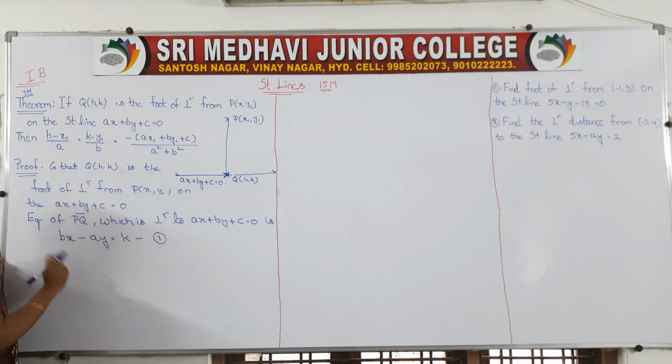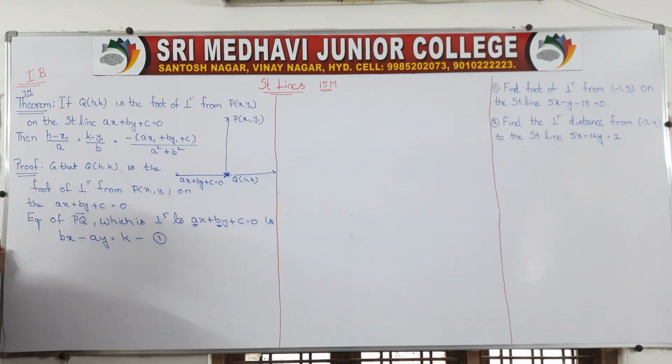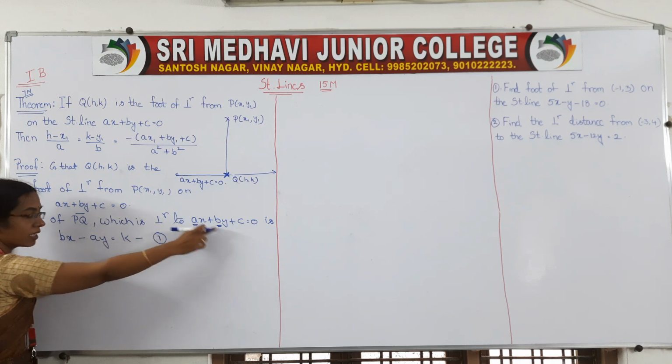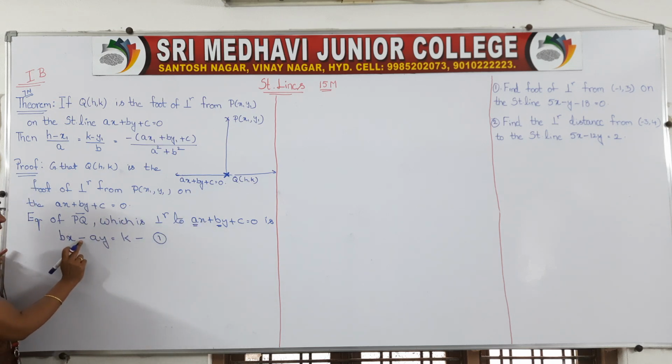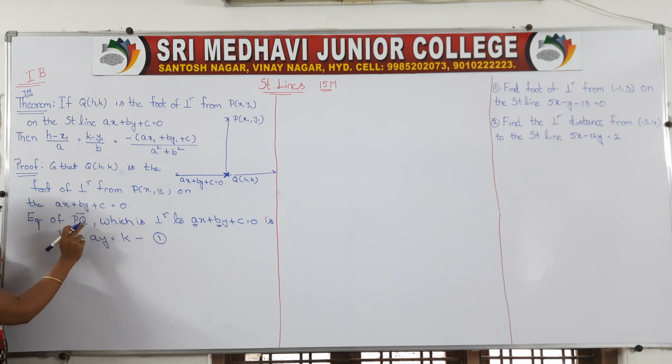The x coefficient goes to y, the y coefficient comes to x. The x coefficient is a, the y coefficient is b. In the middle, a negative sign will be there, right? bx - ay = K is the equation of the line PQ.